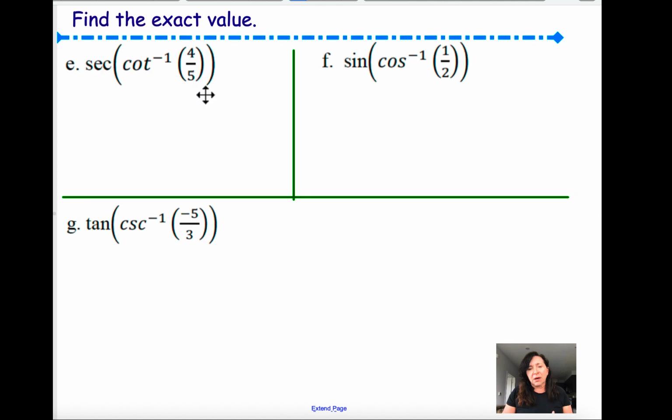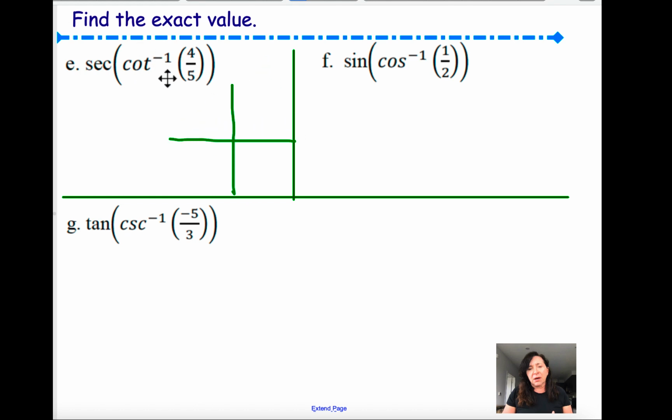For this problem here, this is a two-step problem, because first they're asking me where is cotangent 4 over 5. Now, one of the things that I do notice is that 4 over 5 is not one of my 30, 60, 90 or 45, 45, 90 right triangles. So what that means is, when it says where is cotangent, first of all, it's positive.